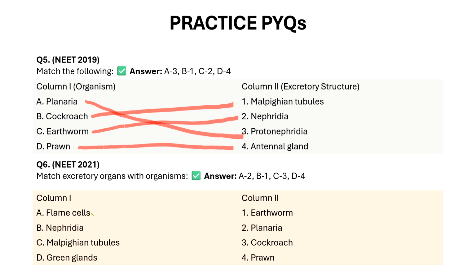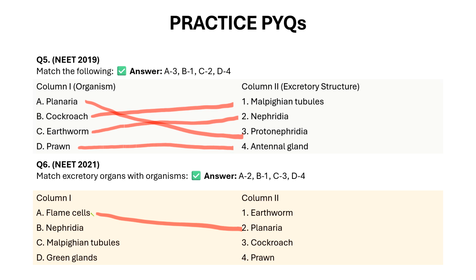Next, let's look at question 6 that has come in NEET 2021. Match the excretory organs with the organisms. So here we have flame cells, instead of Protonephridia. Flame cells are again found in the flatworms or Planaria. Next is Nephridia.